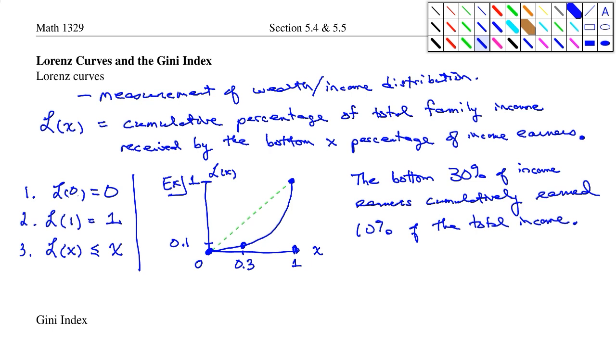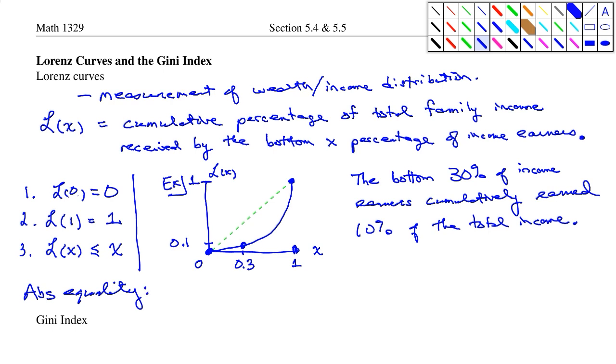So it's a way of measuring how a society or a country has its wealth and its income distributed. So we could talk about some of the extremes. We could talk about absolute equality. Absolute equality would be when everyone has an equal income throughout the society.